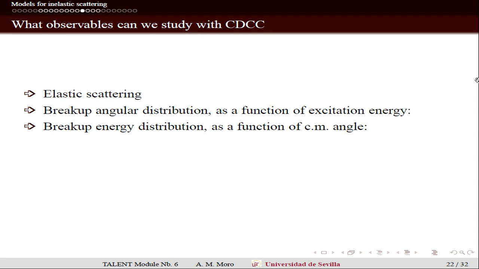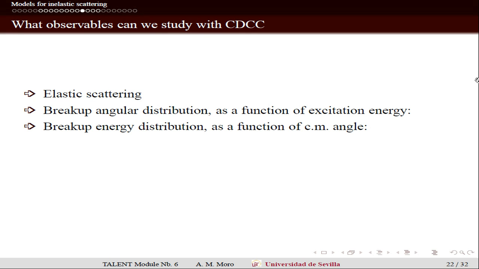It's always useful to monitor this breakup energy distribution when we do the calculation, because we will see if the maximum excitation energy that we have included is high enough to describe all the states that are populated in the reaction. This typically will show some maximum, then it will decrease.